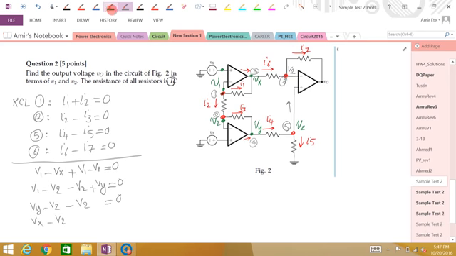So let me clarify, this is Vz. And this is Vz. For this equation, I4 is Vy minus Vz, minus Vz.